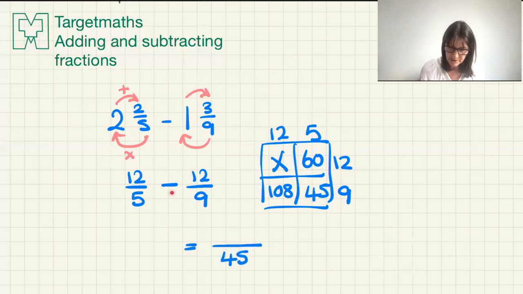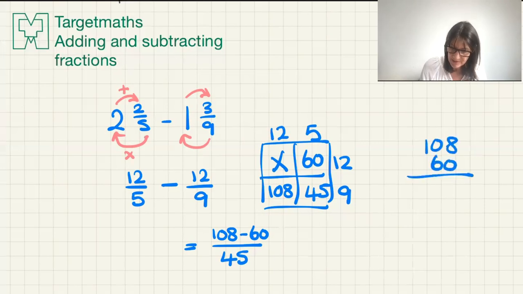This is a take question, so I must use the 108, the bigger number first, take away the smaller. So 108, let's do it over here, take away 60. 8 take 0 is 8. 0 take 6, technically that's going to take me into negatives, which I mustn't do, so I can't do that. Bring that across. 10 take 6 is 4, and I've got 48 over 45.